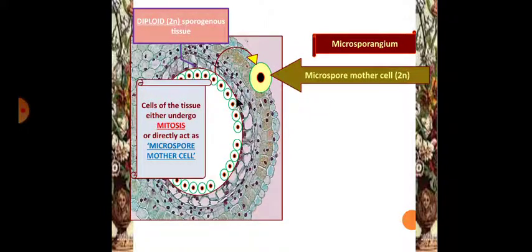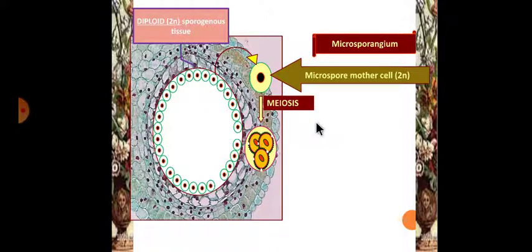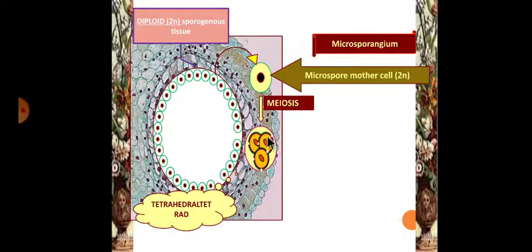The microspore mother cell, one we have enlarged here, is diploid. That microspore mother cell undergoes meiosis and results in the formation of 4 microspores which will be haploid. 3 we can see, 1 will be at the back, so a tetrahedral arrangement will be there. The 4 microspores will be haploid, as we know meiosis is a reductional cell division.